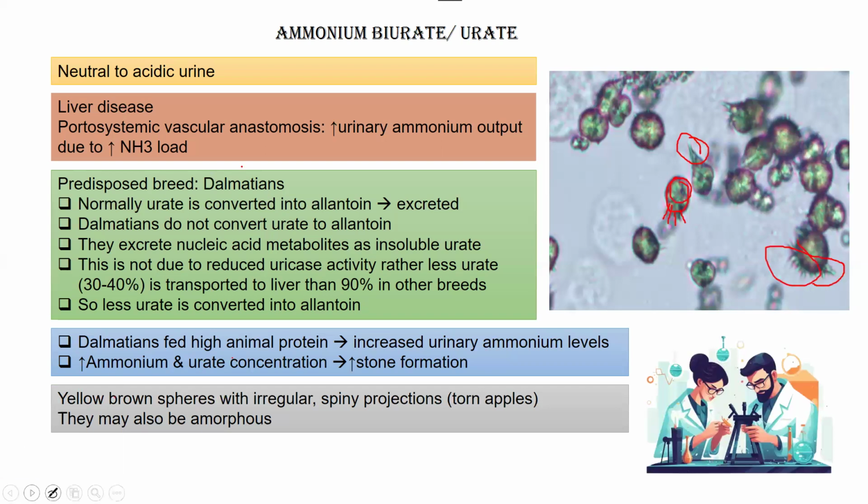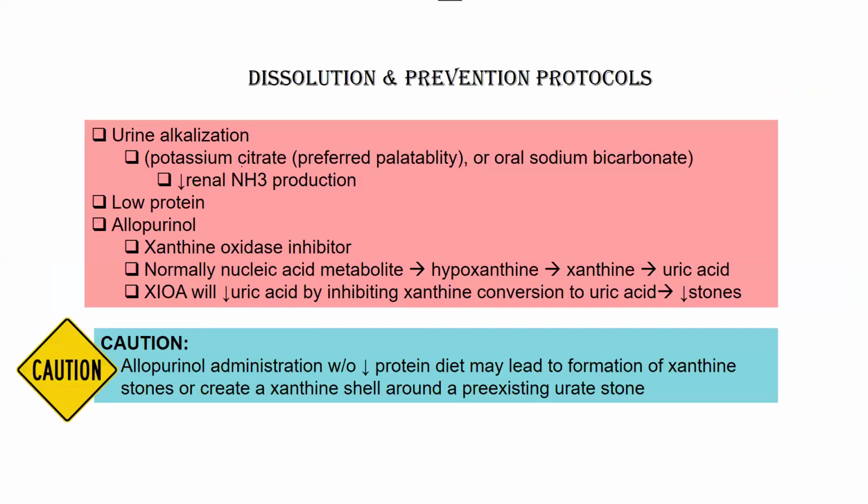Next we have their dissolution and prevention protocols. Number one thing, in the previous slide, you have seen that it forms in acidic urine, so you should try to adjust the urine pH, converting it into alkaline or basic pH by feeding potassium citrate or oral sodium bicarbonate.